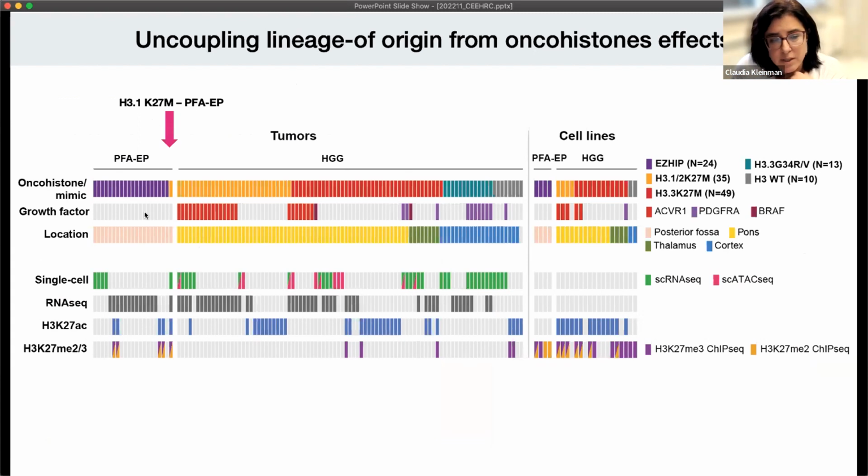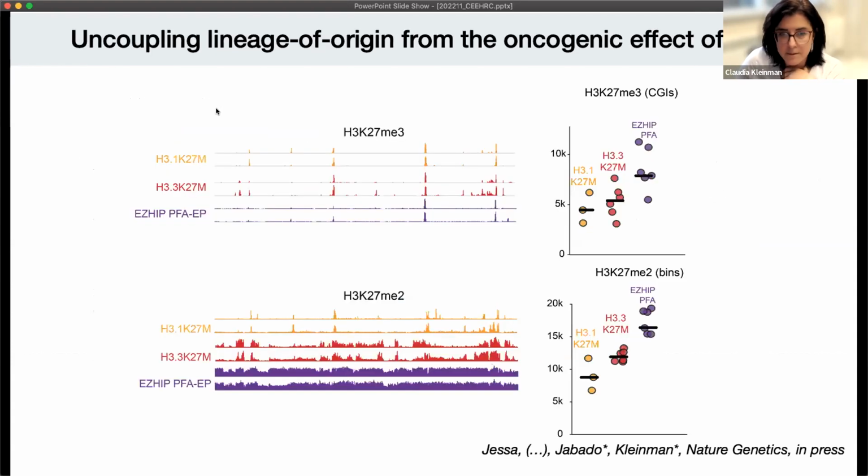So we'll start with this patient that I told you occurs in an ependymoma context, but is driven by H3.1. When looking at epigenome patterns driven by H3.1, H3.3, and EZHIP, we see at the K27me3 levels very marked differences, as we expected, but we can quantify, for instance, the CGI length, and we see some quantitative subtle differences between the two.